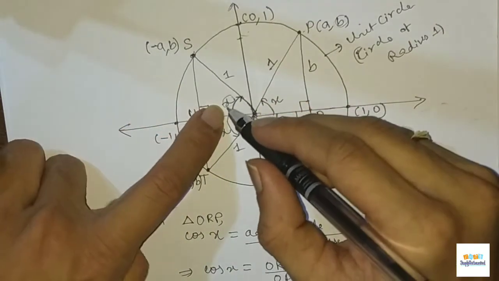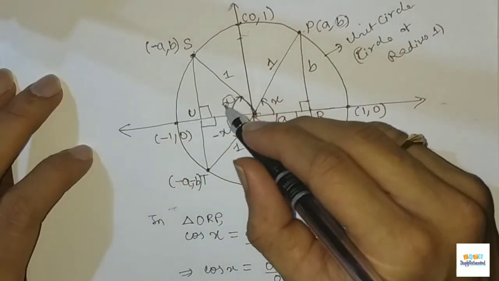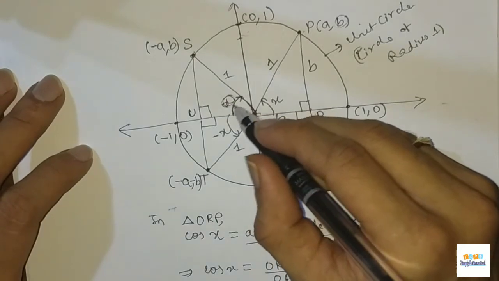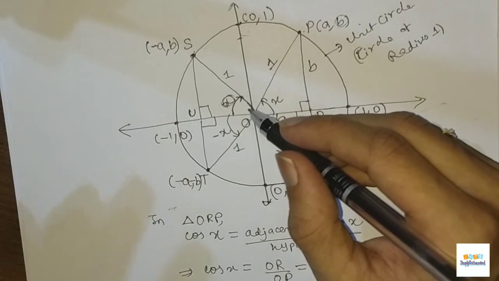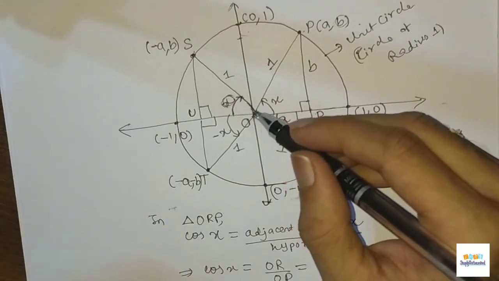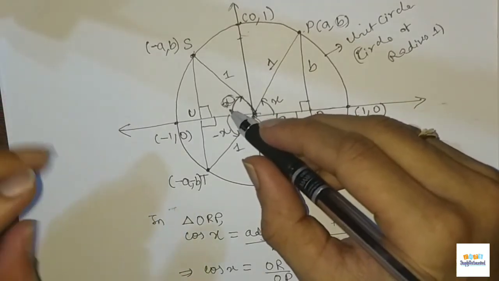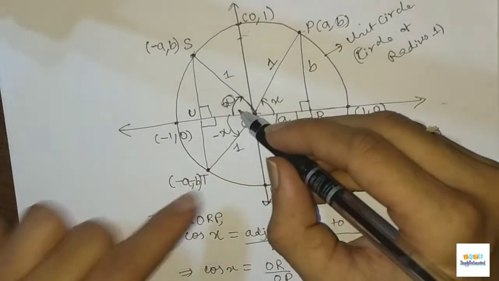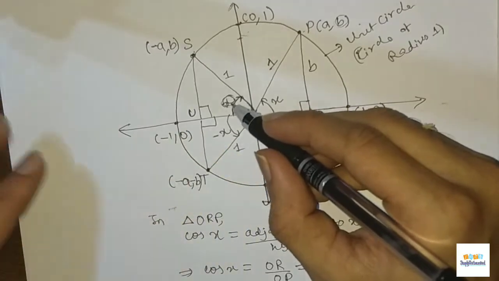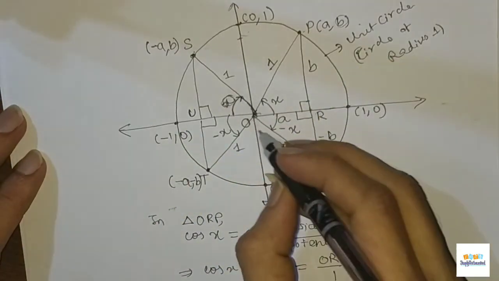So where is the minus sign? See, this angle is negative, so that means this x is negative. That means x will be minus of some positive real number, like minus half, minus 1, minus 3/2.